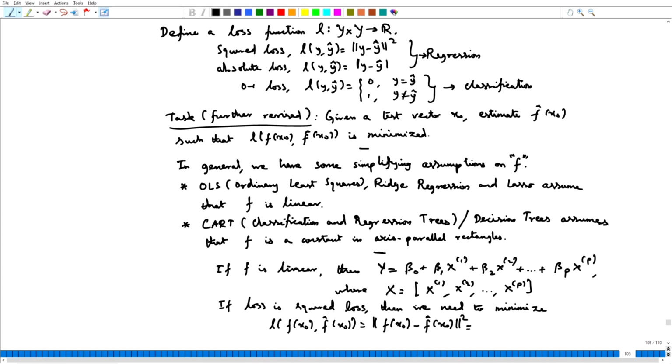But f of x naught is beta naught plus beta 1 x 1 plus beta 2 x 2 plus dot dot dot plus beta p x p. In f you will have beta naught, beta 1, dot dot, beta p, and in f hat you will have beta naught hat, dot dot dot, beta p hat. Since f of x naught is y, this is y minus beta naught hat minus the summation of beta i hat x i, i equal to 1 to p, the whole square. This is the quantity that we have to minimize.